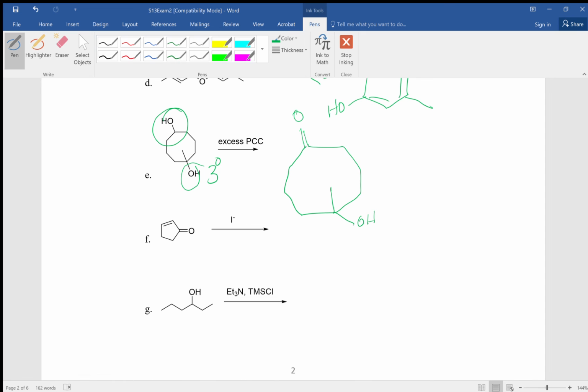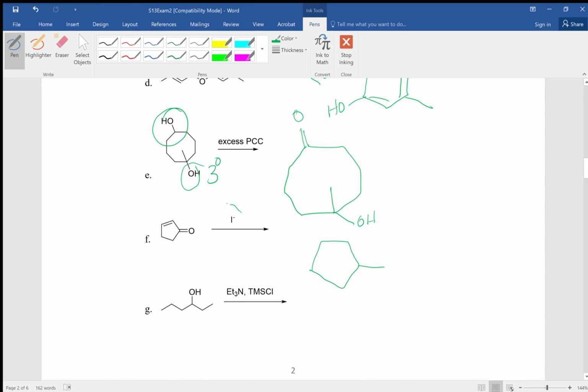In part F, we have the addition of I- to a conjugated ketone. So when we have addition to a conjugated ketone, we need to distinguish between 1,2 and 1,4 addition. We know that we get 1,2 addition first, and we only get 1,4 addition if our nucleophile is also a good leaving group.